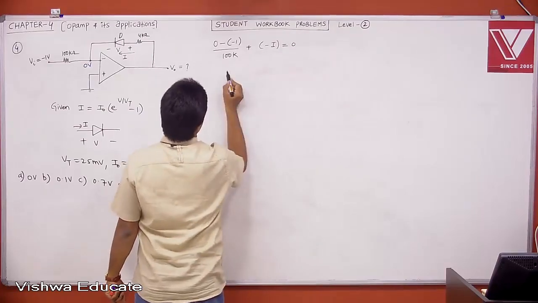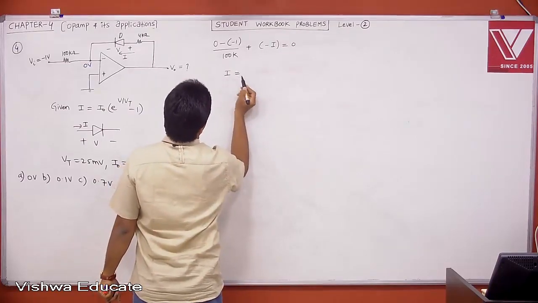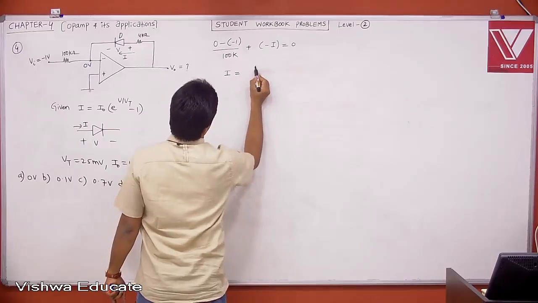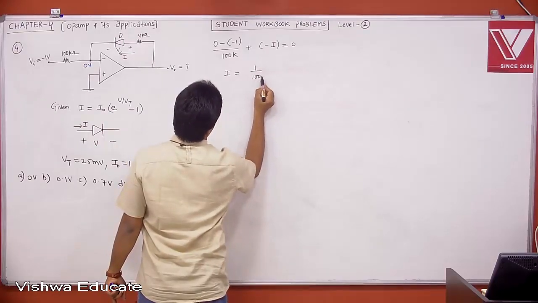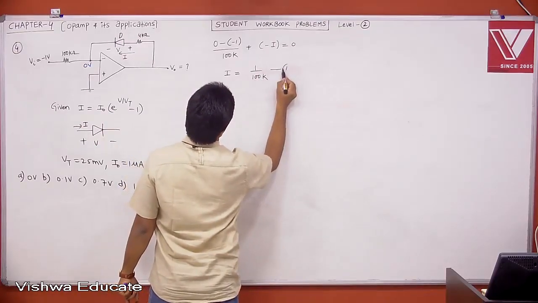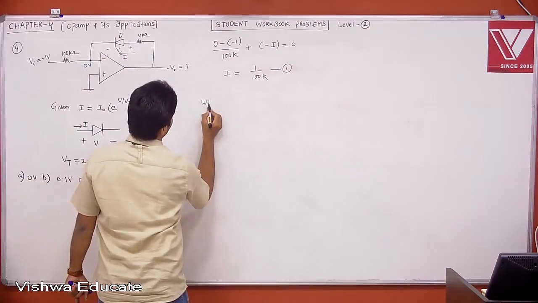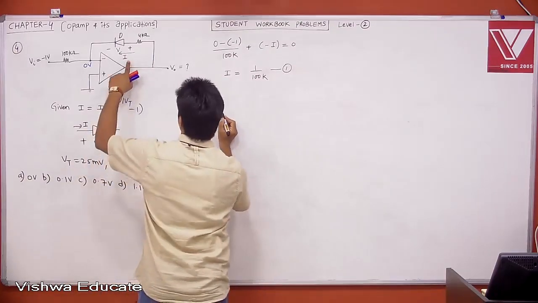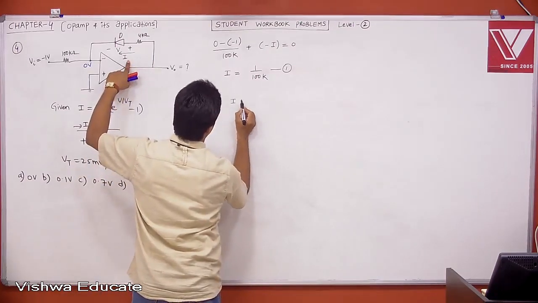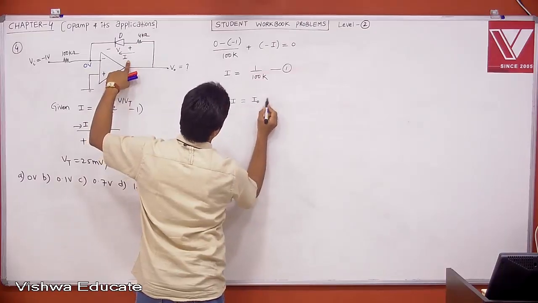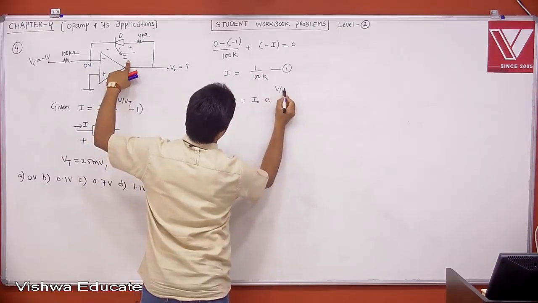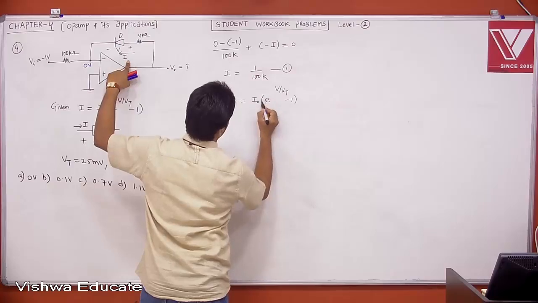If you take this to the right-hand side, I is equal to 1 by 100k. Take this as equation 1. And we know that I is equal to I0 into (e to the power of V by Vt minus 1).